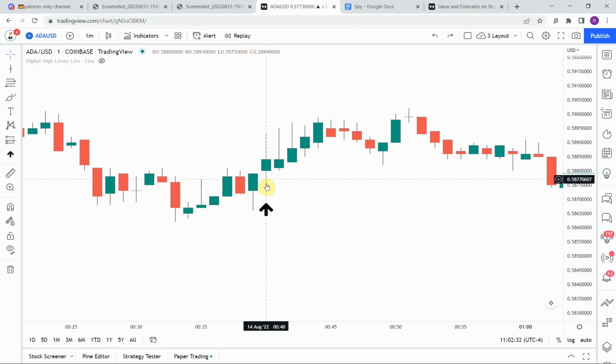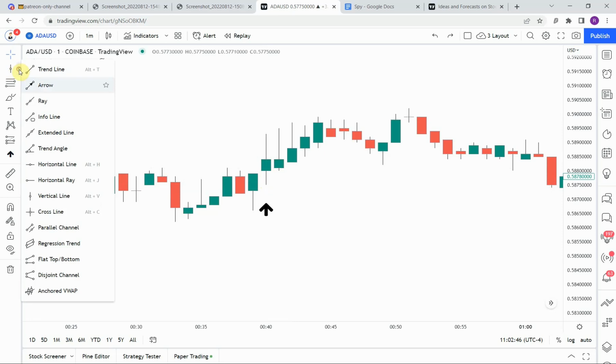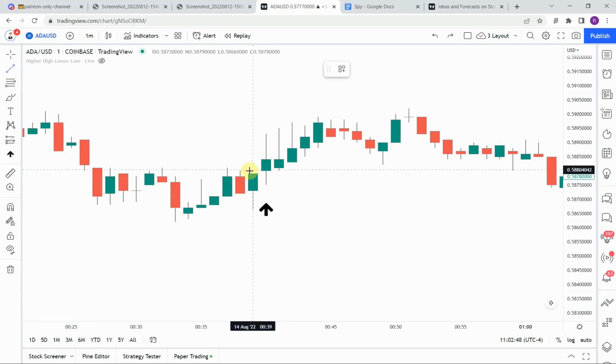If I hover above that candle right there, we can see that the open was at 0.5880000, whatever. That tells us where the open of this candle was. In that particular case, the open of the candle was right here, so this is where the candle opened.